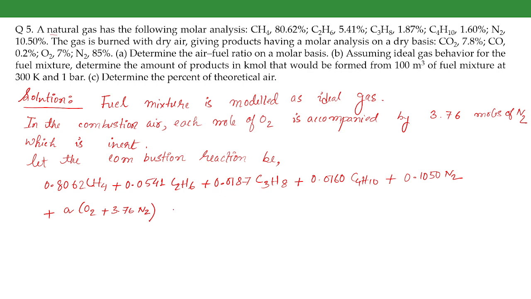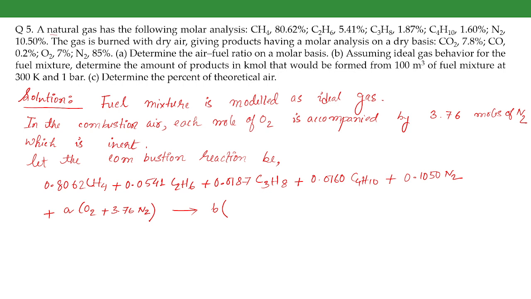And the products will be B kilomoles of the entire thing. The products have a molar analysis on a dry basis. So what does molar analysis on a dry basis mean?